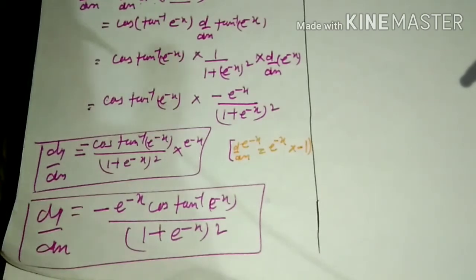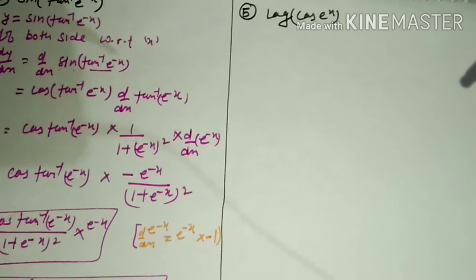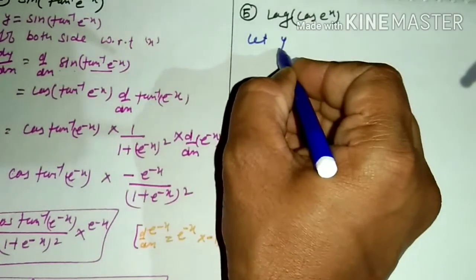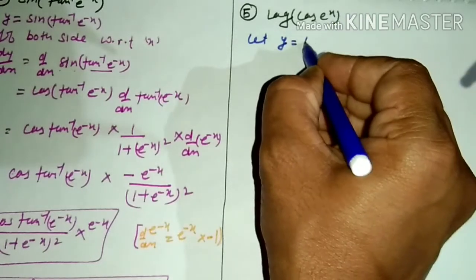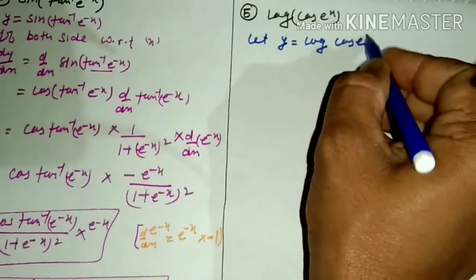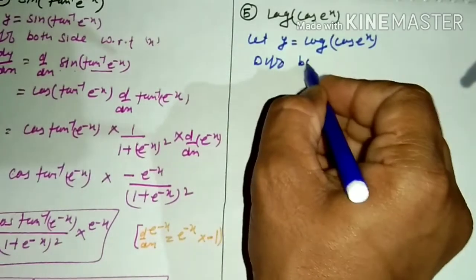Now next question, fifth. The question is log cos e to the power x. Let y is equal to log cos e to the power x. Again differentiating both sides.